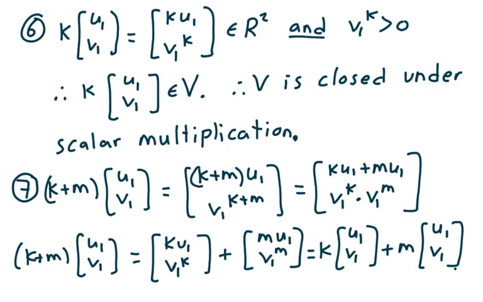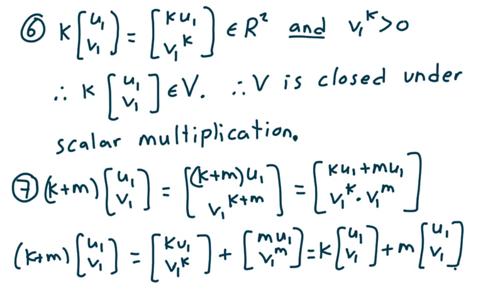Now, this is dealing with scalar multiplication. So if I take k times the column vector u1, v1, this is equal to the column vector ku1, v1 to the k. That column vector belongs to R2, and the second component is positive.